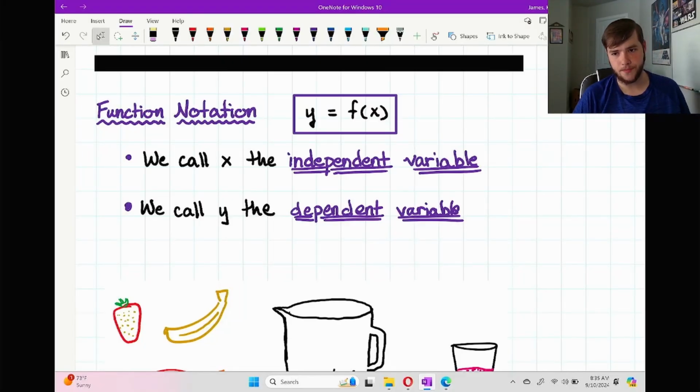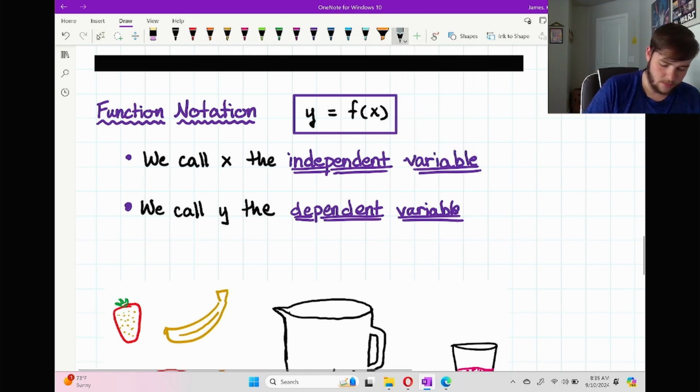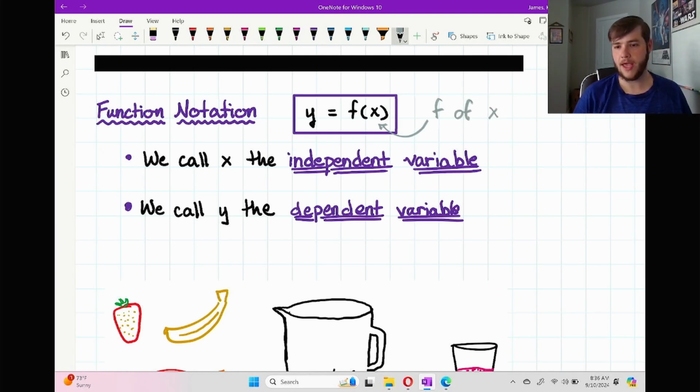Function notation is this thing on the right. We read this as f of x, where x is the independent variable. That's our input.